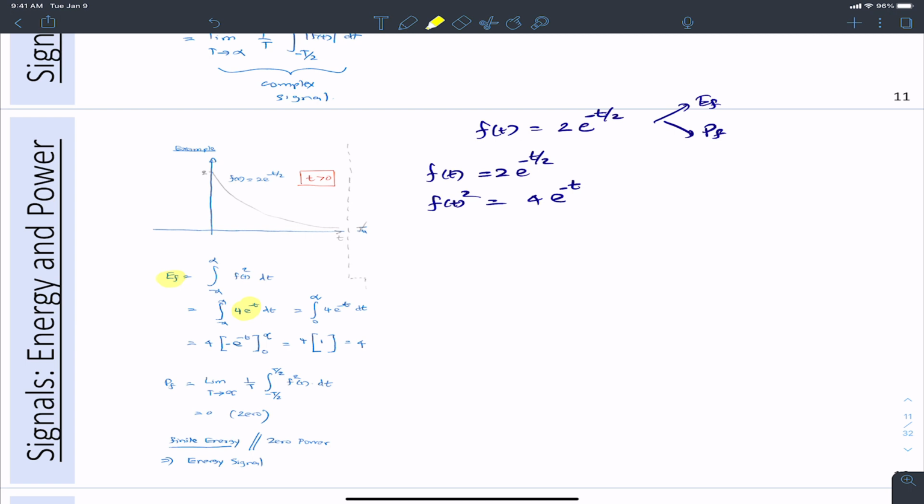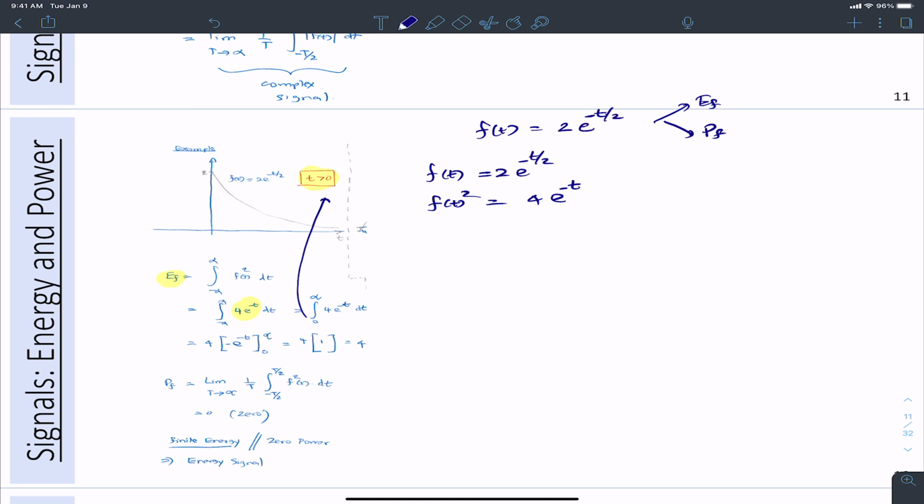The important thing is that in the definition it is given that t is greater than 0, so that we can change this limit. We change the limit from minus infinity to infinity to 0 to infinity, because it was given that t is greater than 0. That means the signal does not exist when t is less than 0. So now it is just integration.